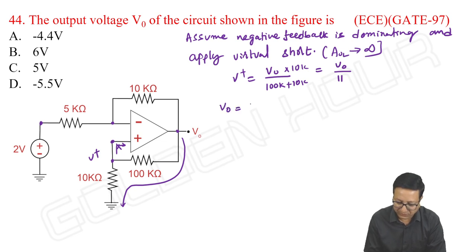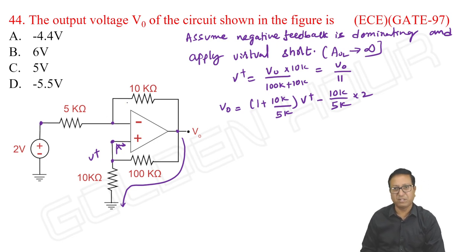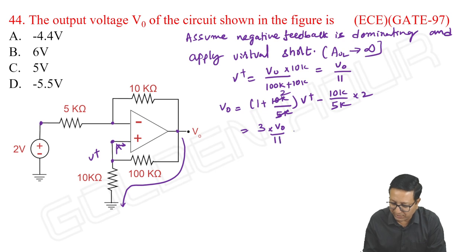Then once you know V plus and this voltage, then what is the output equation? V output is equal to (1 plus 10 kilo ohm by 5K) into voltage at the non-inverting terminal minus 10K by 5K into 2. Or you can take virtual short here, take the node equation, ultimately you get the same result, no doubt about it. So it is 3 into V plus, it is V output by 11 minus 4.